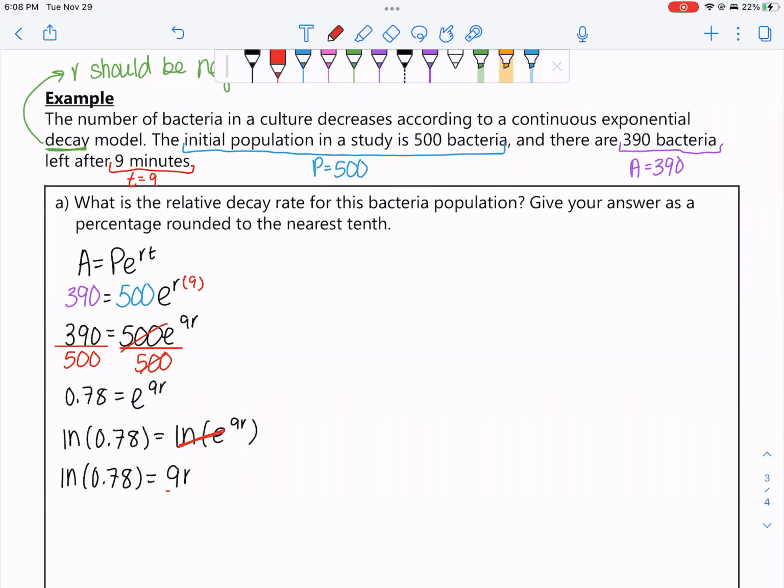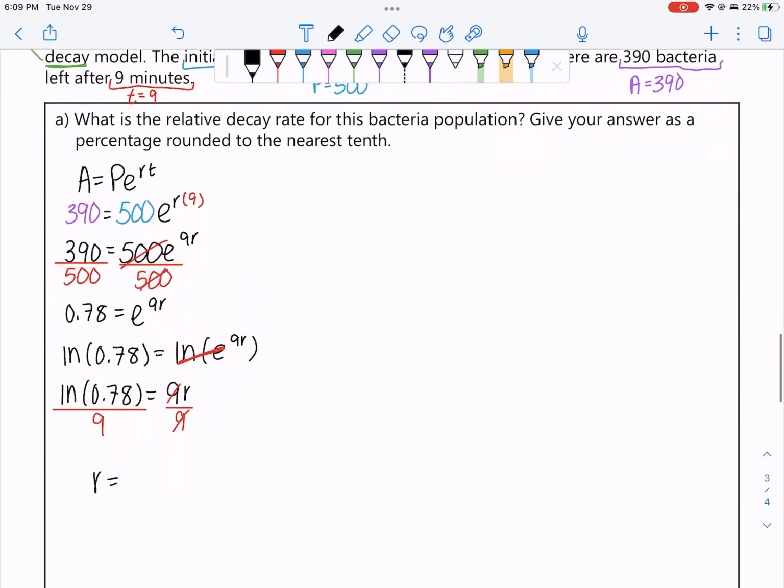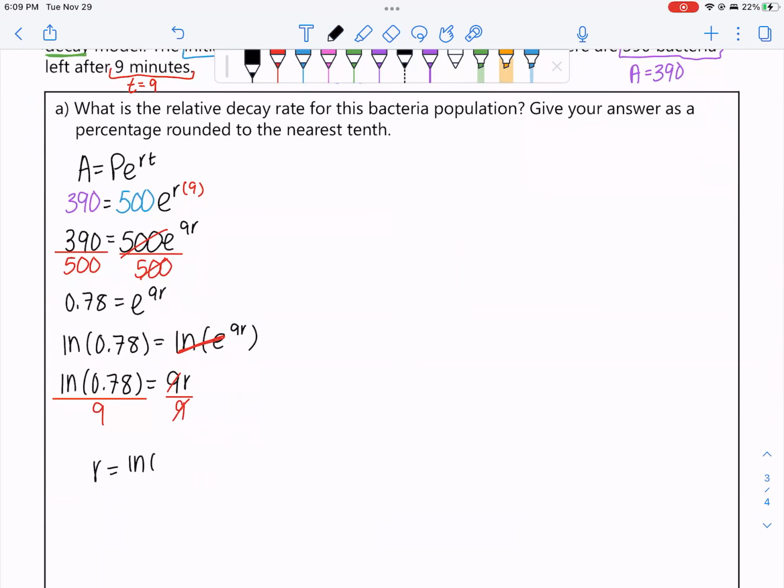To solve for r, we divide both sides by 9. So we get that our relative growth rate, or decay rate rather, is ln of 0.78 divided by 9. You might look at that and say, uh-oh, that number is positive and we were supposed to get a negative number. But let's plug it into our calculator and round to the nearest tenth.